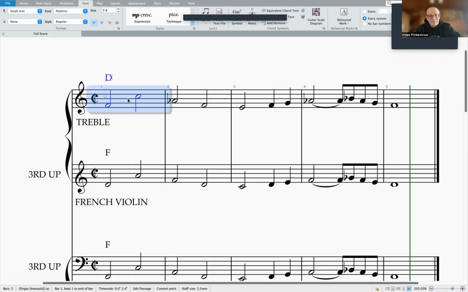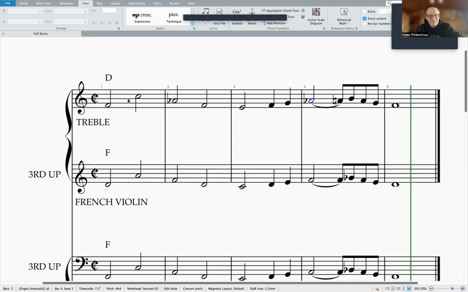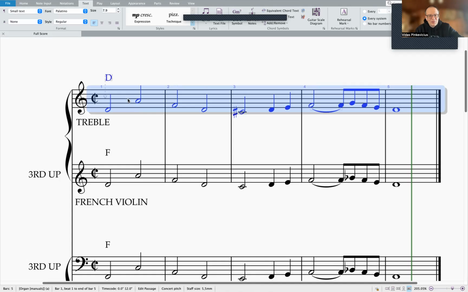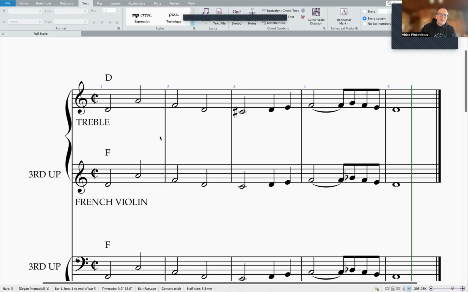But I find it sometimes too complex because guess what? It requires a lot of ledger lines, moving the melodies on the staff up and down. But if you change the clef, you don't need many ledger lines, maybe one or two, sometimes not even one, right?